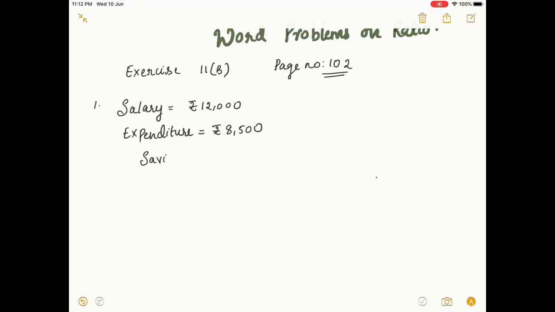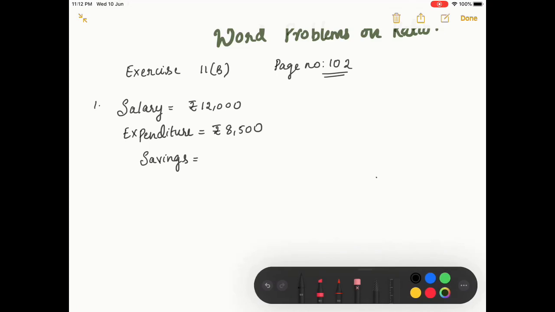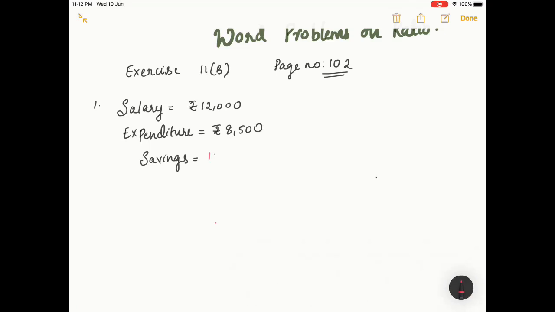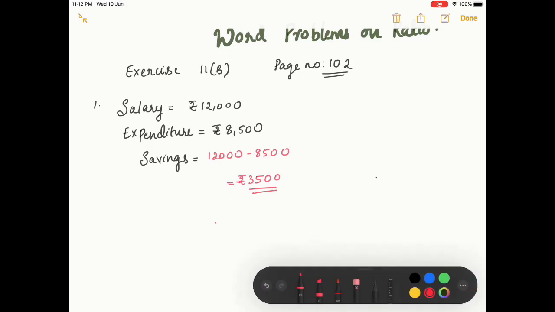Savings. We shall find out the savings also using this information. Savings is equal to 12,000 minus 8,500. So, you're getting it as 3,500 rupees.